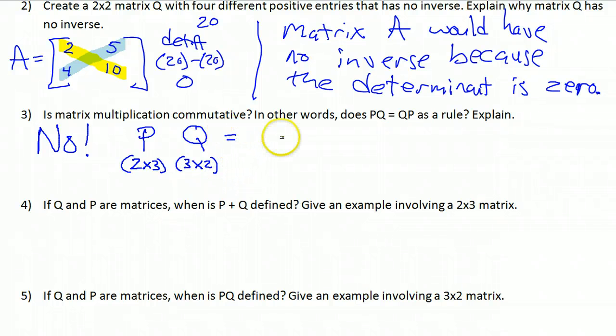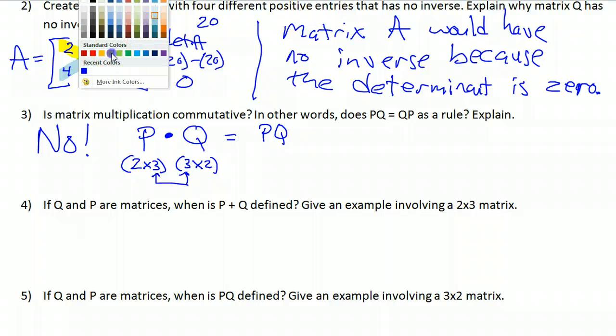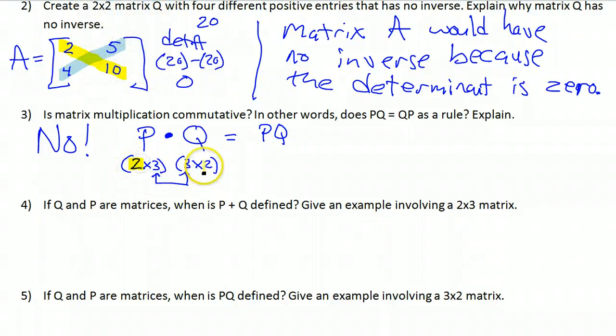If I multiply these together, matrix PQ, first of all, it would be possible because the inner dimensions are the same. But the product would have the outer dimensions. So I would be looking at a 2 by 2 matrix. So PQ would be a 2 by 2 matrix.